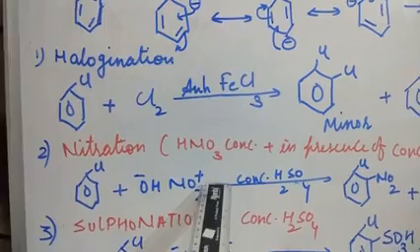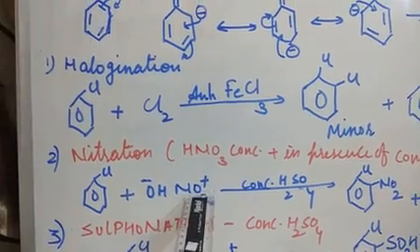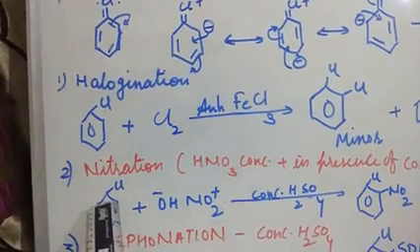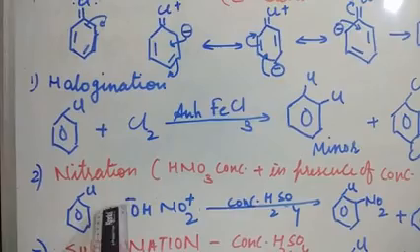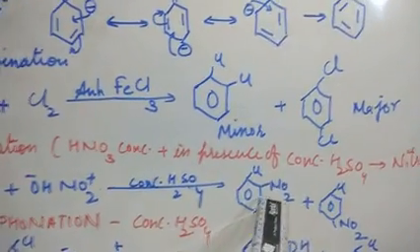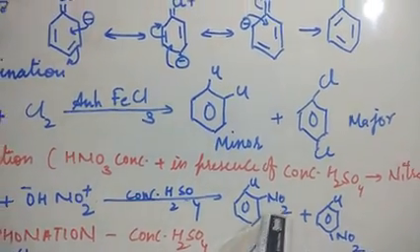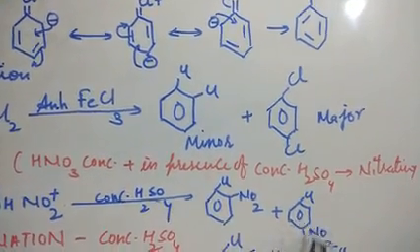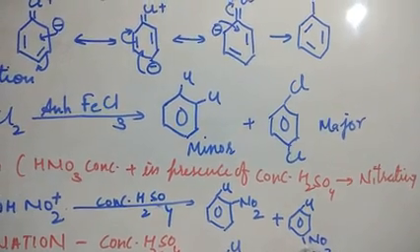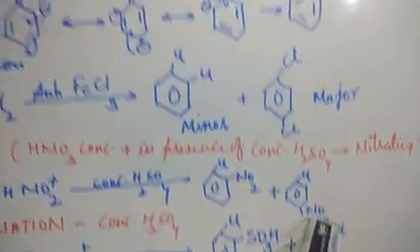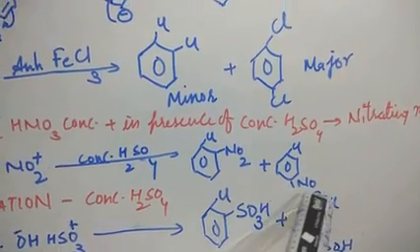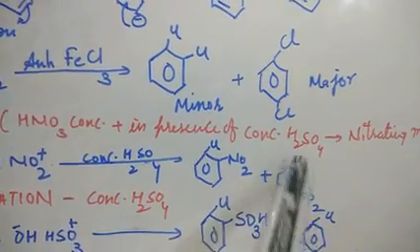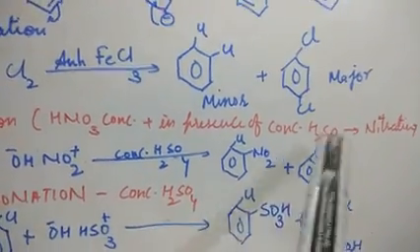So this NO2 positive is acting like electrophile. It is approaching towards ortho or para position and extracting out H positive from that to form H2O. So here what we are getting, nitro group is getting attached either over ortho position or towards para position. Is it okay, students? Here also we will say that this para isomer will be major product, 80% and 20%, because of more symmetry. Okay, more stability.